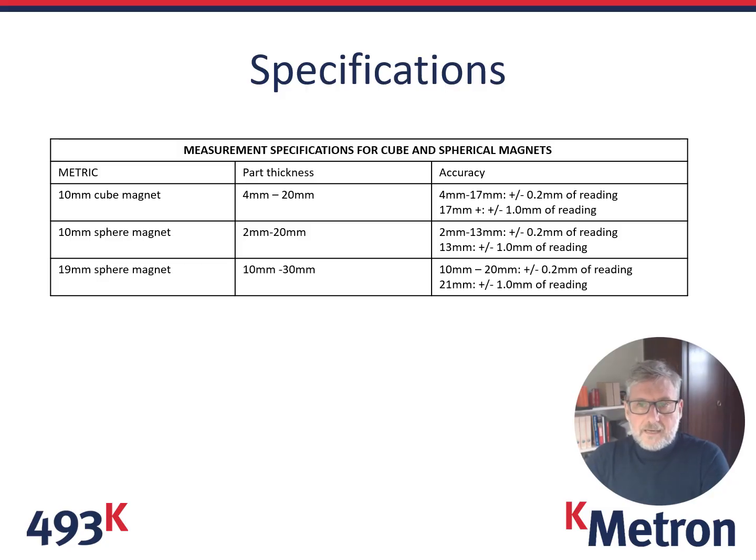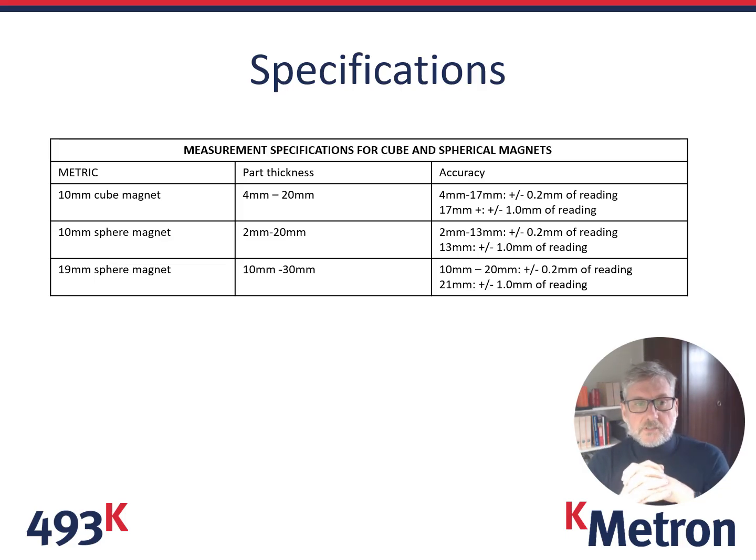So, a very brief specification table of the K-Metron. There are 3 different magnets that come with the K-Metron. There's the 10 mil cube magnet, the 10 mil spherical magnet, and the 19 mil spherical magnet, all for different thicknesses.